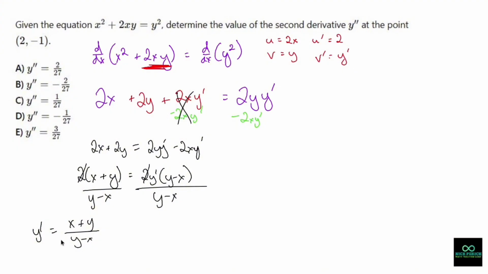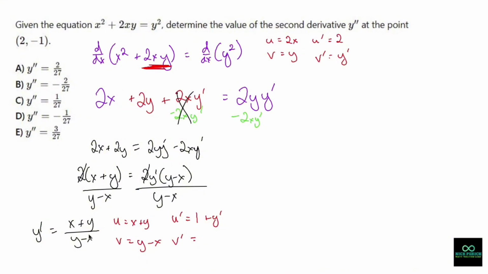That's the first derivative. Now on to the second derivative, which requires me to do quotient rule. U is x plus y, v is y minus x. U prime is the derivative of the top, so the derivative of x is 1, the derivative of y with respect to x is y prime.